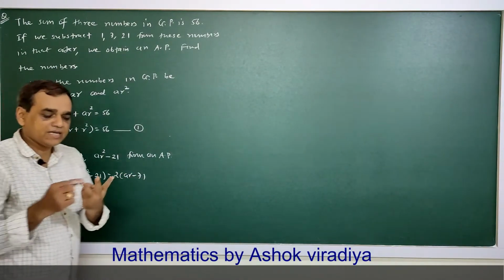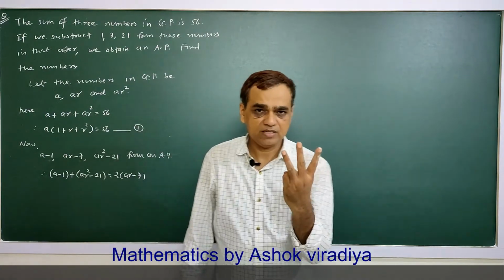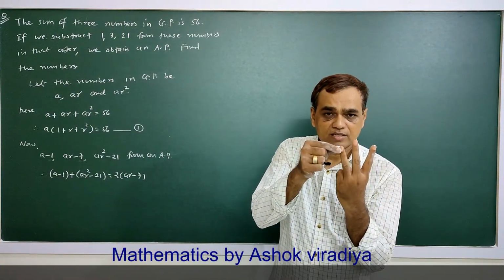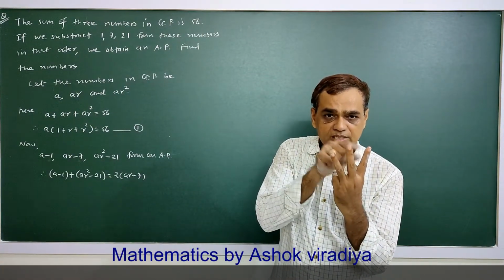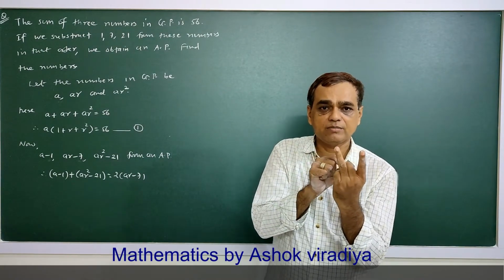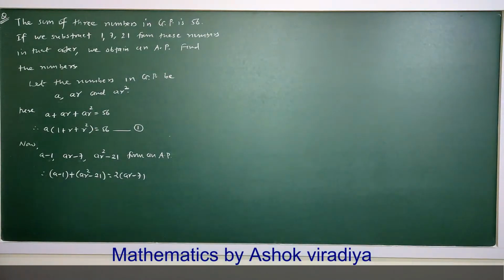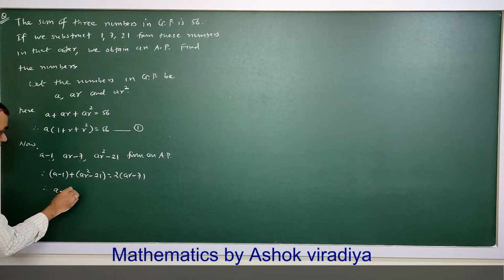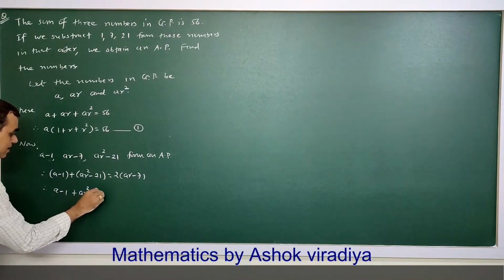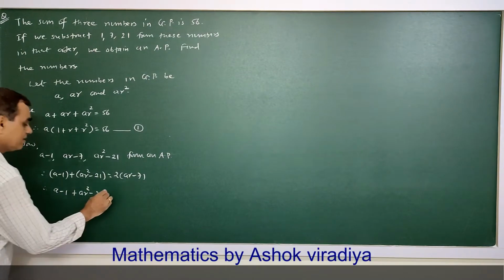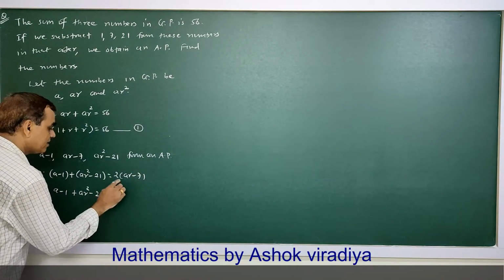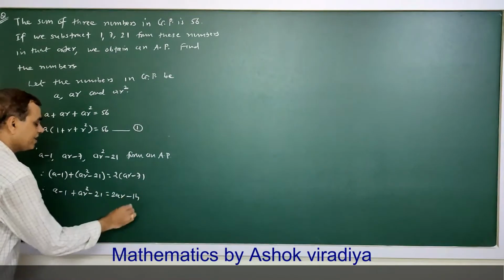Whenever three numbers A, B, C are in AP, then A plus C is twice B, because the common difference is the same. From this equation we will get one result, second result. So here A minus 1 plus AR square minus 21 is 2AR minus 14.